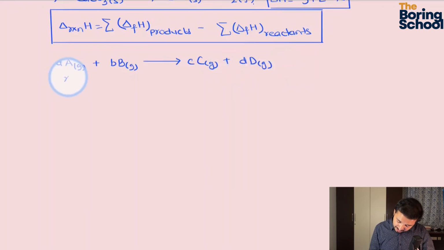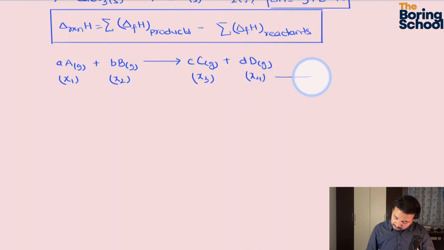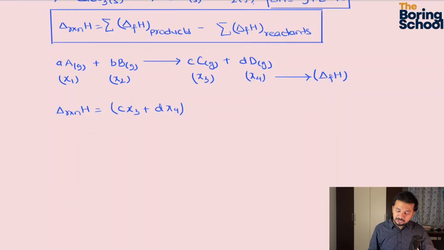Let's say X1, X2, X3 and X4 are all values of heat of formation of these species. So if I want to find heat of this reaction, then we will write it as c times heat of formation of C plus d times heat of formation of D. This is summation of heat of formation of product minus summation of heat of formation of reactant.